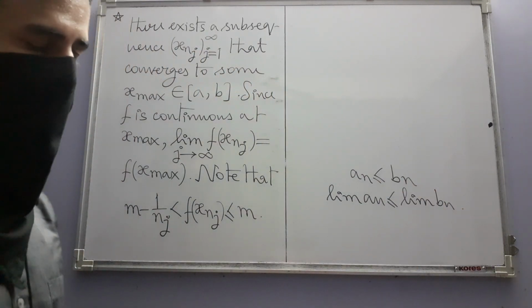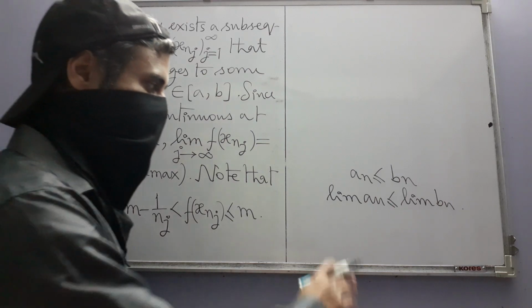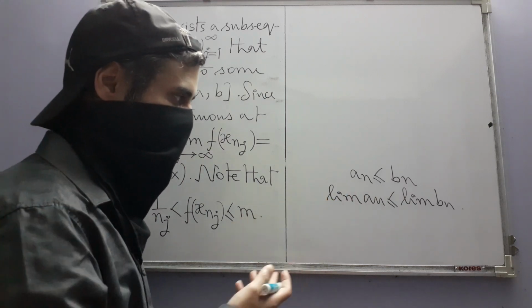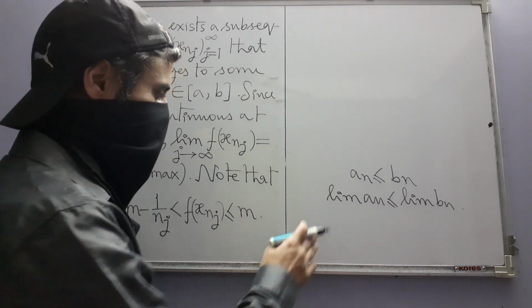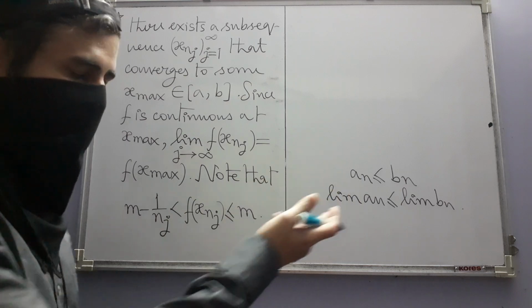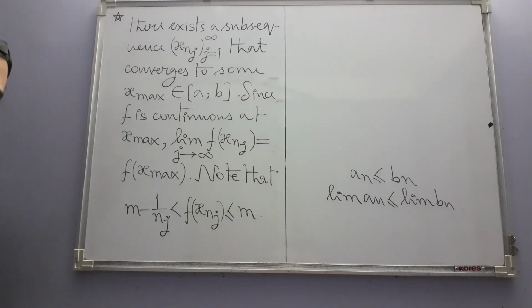That is the comparison principle. Actually, the comparison principle itself doesn't say directly about limits, but it says such inequalities are true for limit superior, limit inferior, but ultimately it means that if you have convergent sequences, then the limits follow such inequalities. So that we are now going to do.